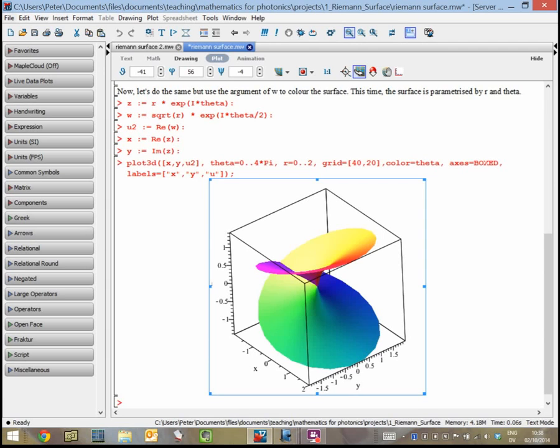I see somebody raising two fingers, and indeed you circle around the origin twice. You do it once, so if you start here, you've circled around the origin once by the time you arrive here in the red zone, because the red point is directly above the green point where you started. Then you need another turn completed before you end up where you started. So walking around the Riemann surface means the angle changes by a factor of 4 pi.